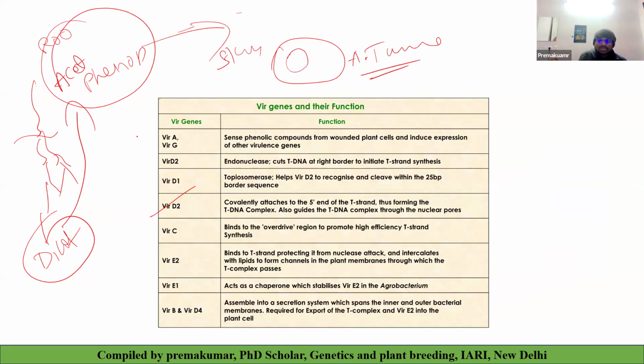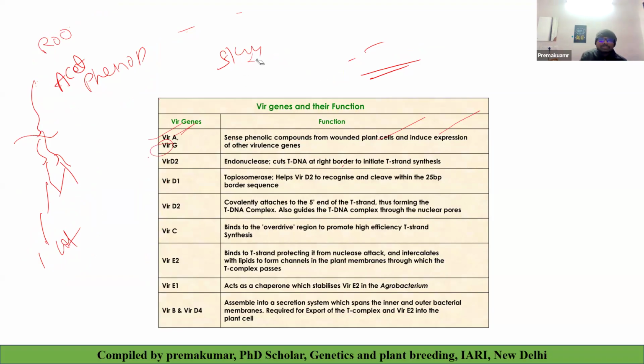Those genes are the Vir genes, which are stimulated by the phenolic compounds released by the plant roots. The first gene, VirA, senses the phenolic compounds from the wounded plant and induces the expression of other Vir genes. So VirA induces VirG, then VirG induces all the genes.